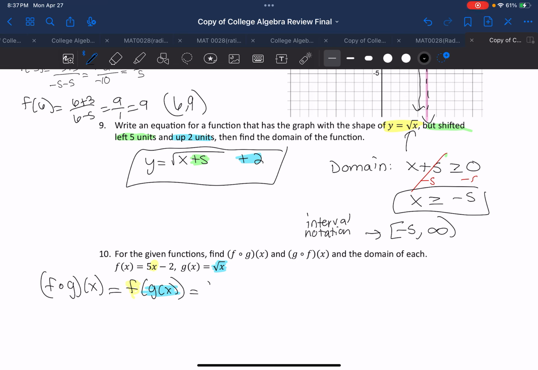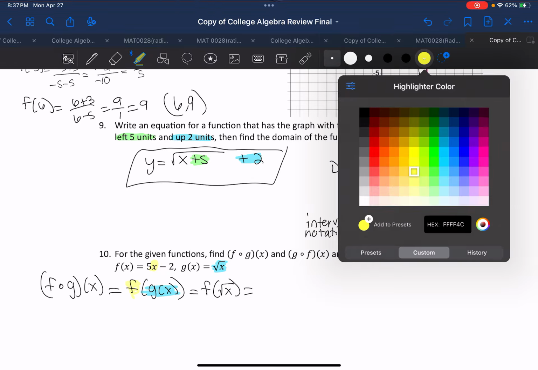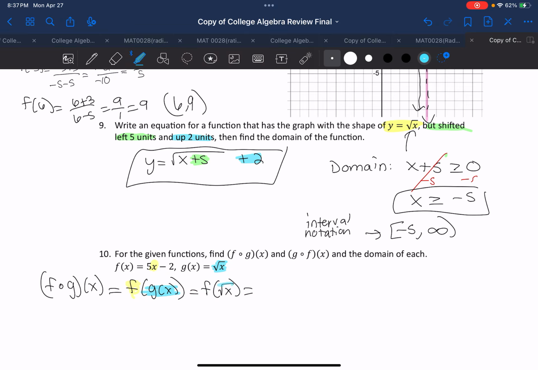So this is the same thing as f of the square root of x, which this notation here tells me to plug the square root of x into f, everywhere I see an x. So this would equal to 5 times the square root of x minus 2. And that's it.